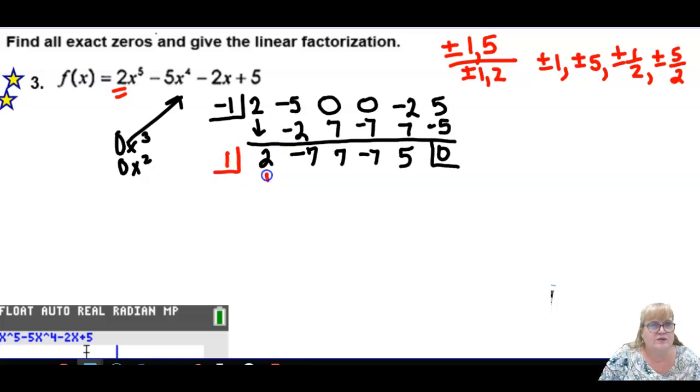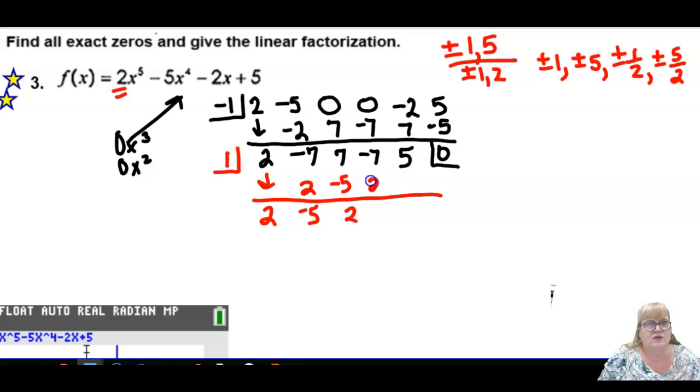Okay, so bring down the 2, multiply, add, multiply is -5, add is 2, multiply, add, multiply times 1 is -5, add, and we get a 0. Oh, this would actually factor by grouping, I bet, because you see it has a common factor here of 2 and 5.